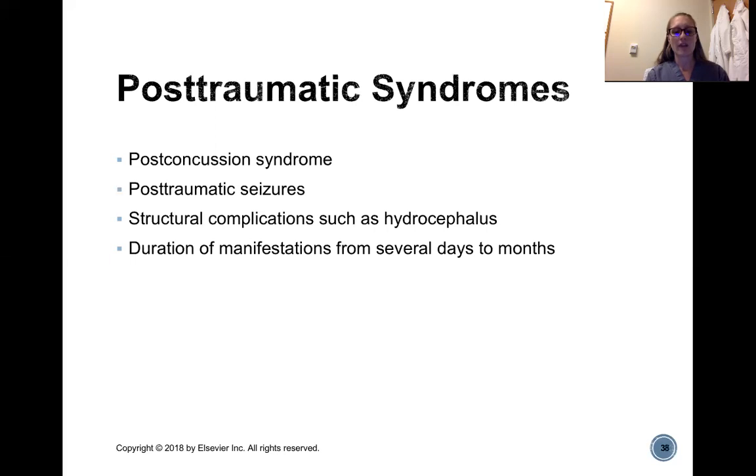When we have hydrocephalus, this is a structural complication, and it might be caused from a depression fracture.